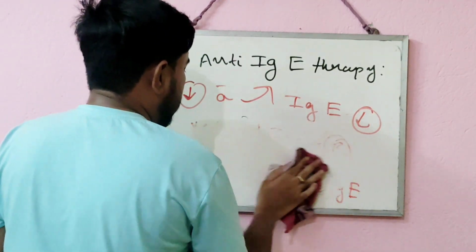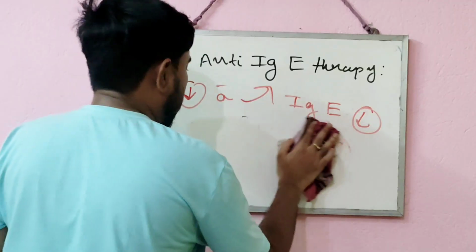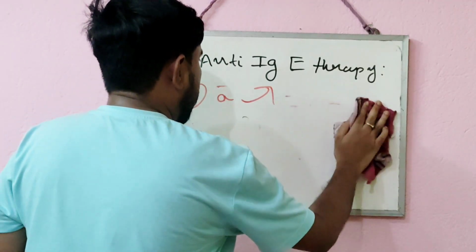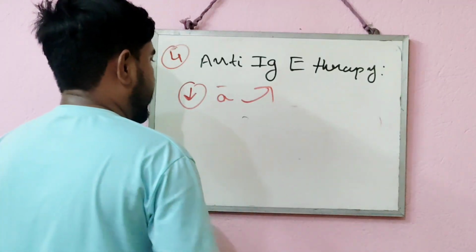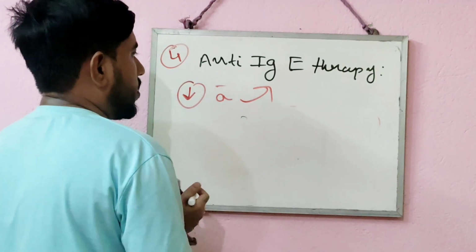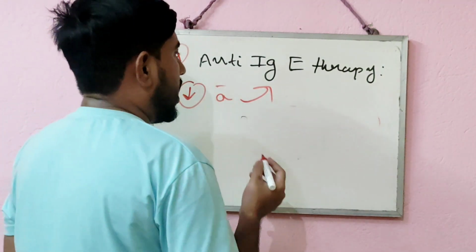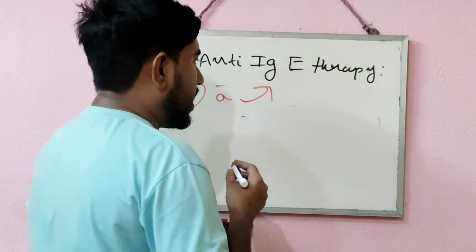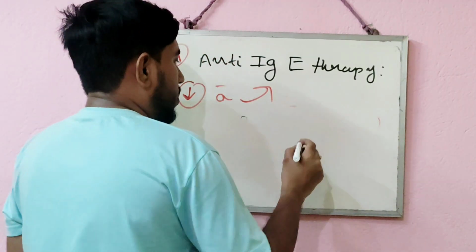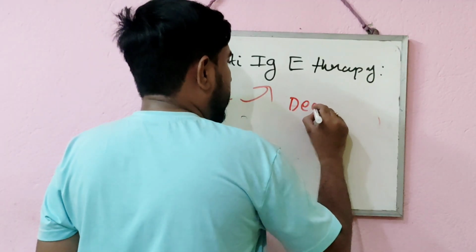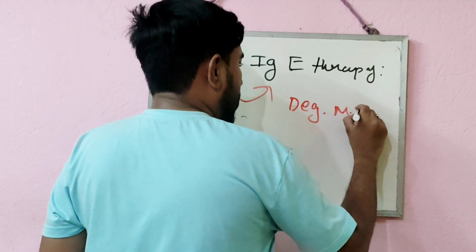And when IgE fails to show its action against the antigen, our immunity generally becomes suppressed, and due to that the bronchial muscle can't constrict that regularly, and it will lead to less degranulation of mast cells.